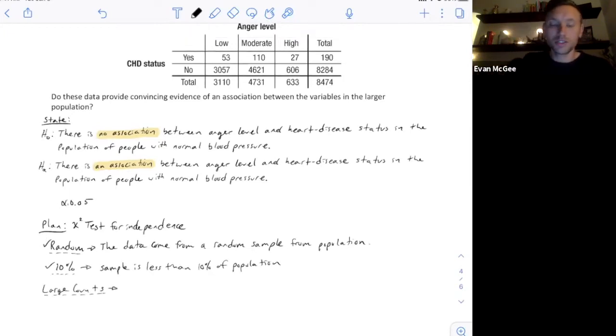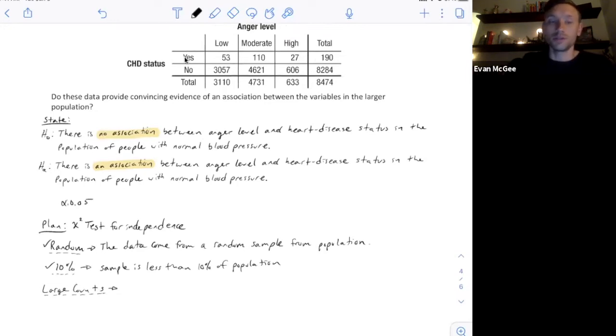The large counts condition is where I have to make sure all expected counts are at least 5. I'll do that on the calculator, but just a reminder, we can do the row total, 190, times the column total, 3,110, divided by the table total, and that will give me the expected count for this first cell. The second way is to type these in your calculator and it will calculate it for you.